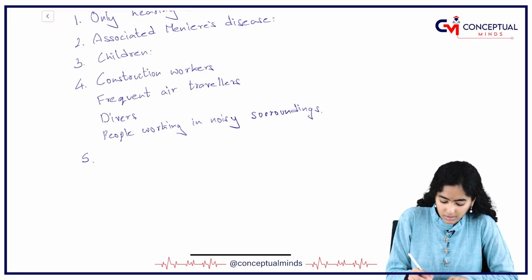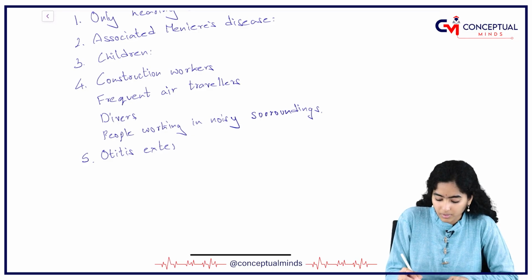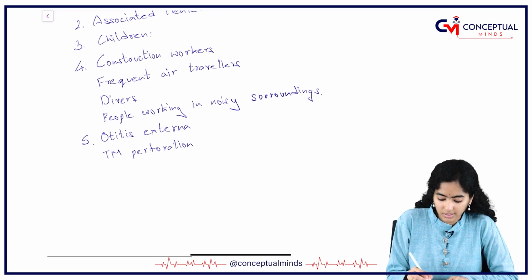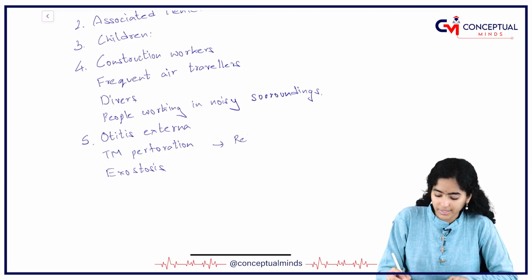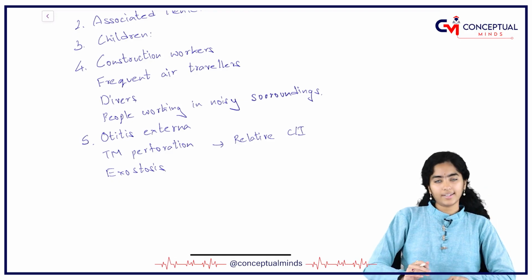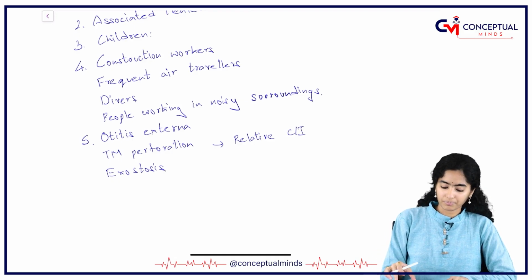When there are other external ear diseases such as otitis externa, or if there is a tympanic membrane perforation or some external ear tumor, exostosis, in all these conditions, they are all relative contraindications. They have to be treated first and then it can be followed by stapedectomy.